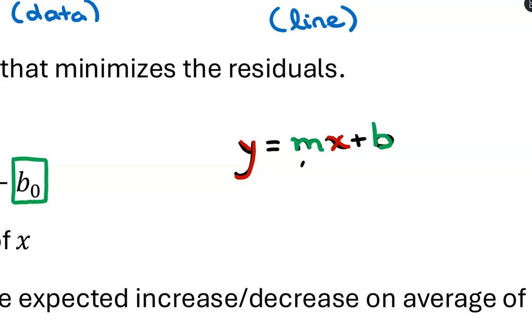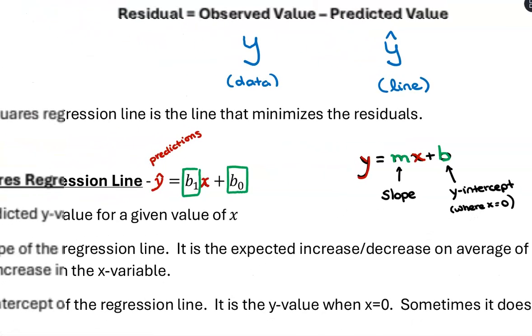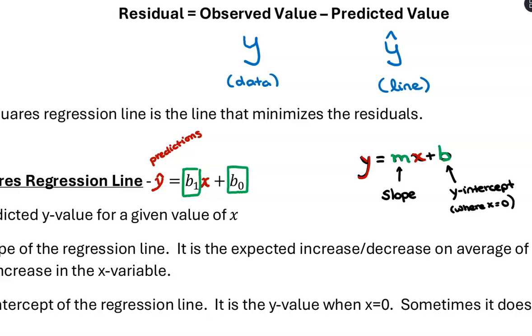And just as a reminder, m represents slope, and b represents the y-intercept, or you can think of that as where x is 0. So we're really working with just an equation of a line. Notation, we use b1, b0, but really it's the same as slope, intercept.